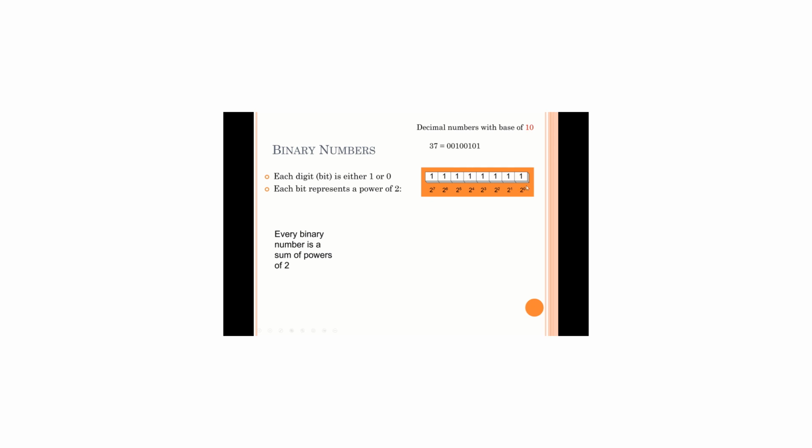So the least significant bit represents a base value of 2 to the power of 0, and then the bit to its left is 2 to the power of 1, and so on all the way to 2 to the power of 7.